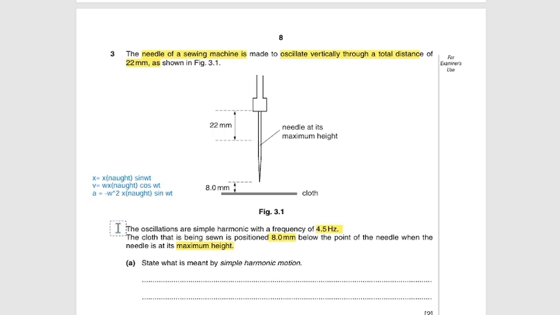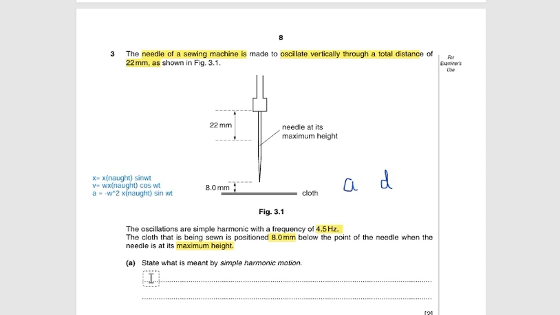Pretty simple. We know that simple harmonic motion is based on the relationship between two things, that is acceleration and the displacement, and that they are proportional to each other but they're in opposite direction.